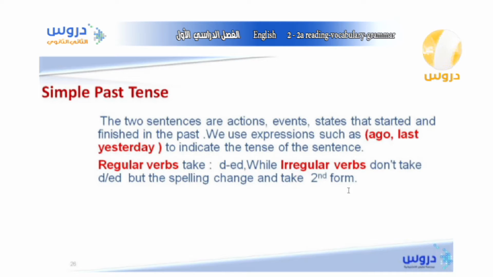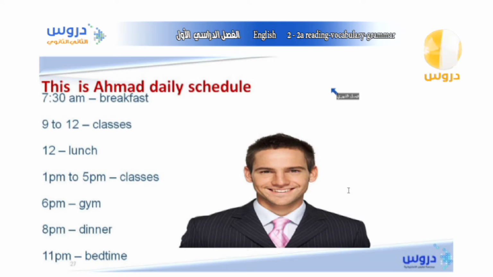We have regular verbs, which end with ed or even d, and we have irregular verbs, which do not necessarily end with ed, like go. The past form of the word go is went. Okay? Any questions up to now?